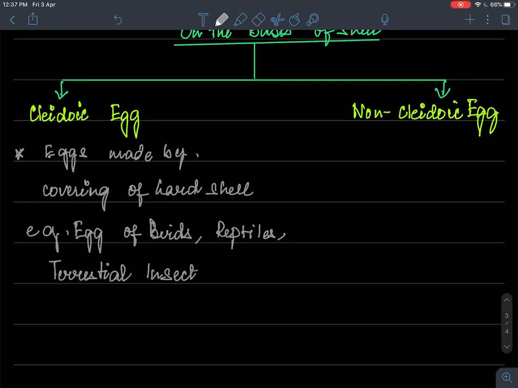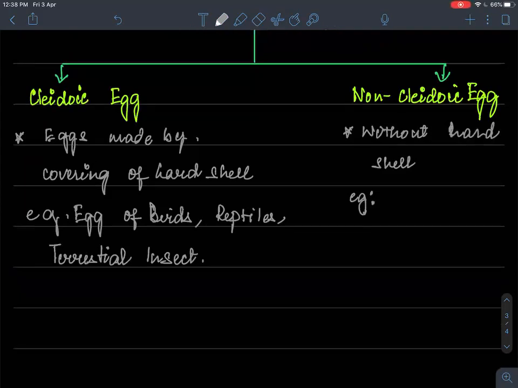This kind of classification we are doing for answering various kinds of MCQs. So what are their examples? Their examples are all viviparous animals, mammals.